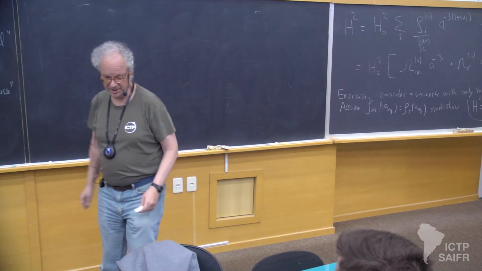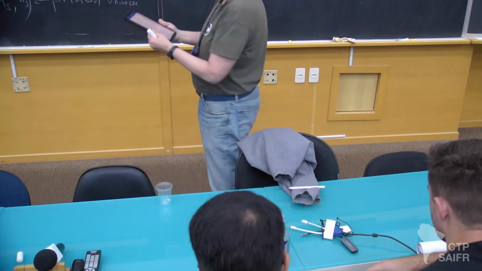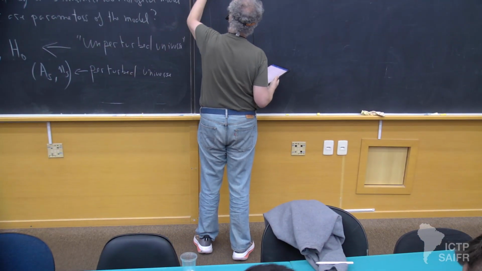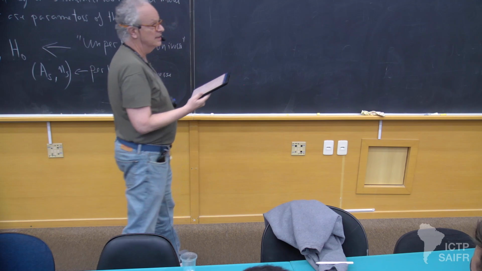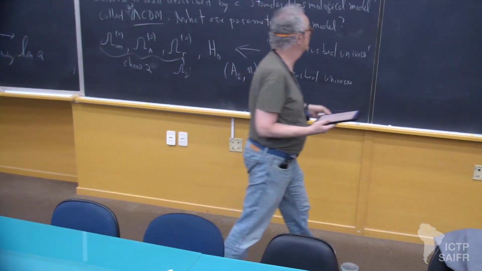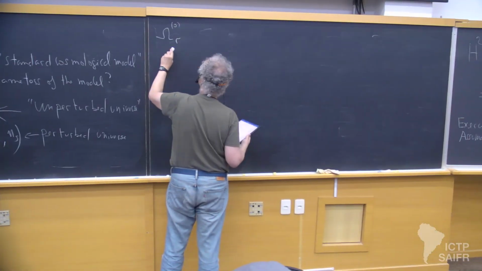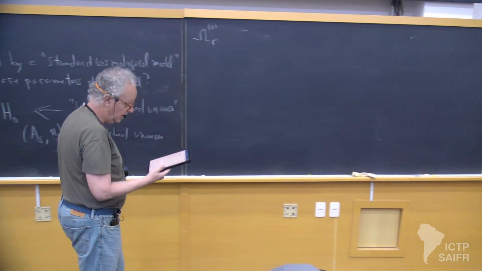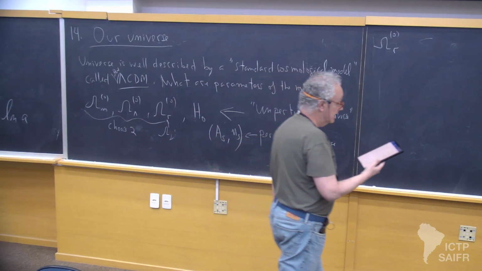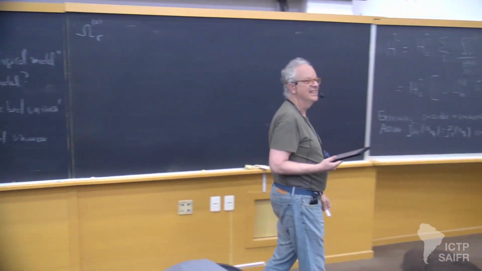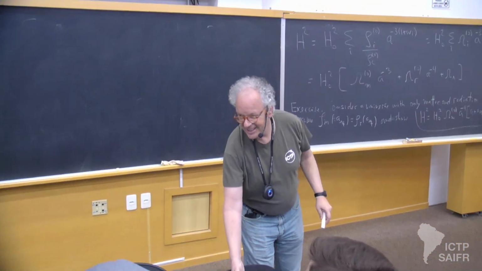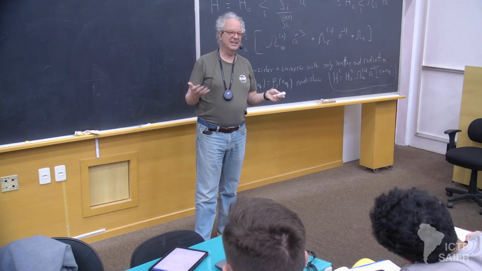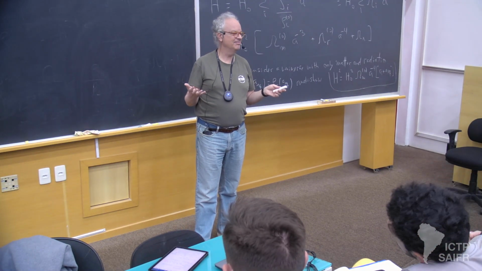Okay, so let's see what the parameters are. So let's start with omega radiation. So again, this has the contribution of photons and neutrinos in principle. So the photons, the energy density of the photons, a photon gas, right? So what determines the energy density of a photon gas? Do you know?